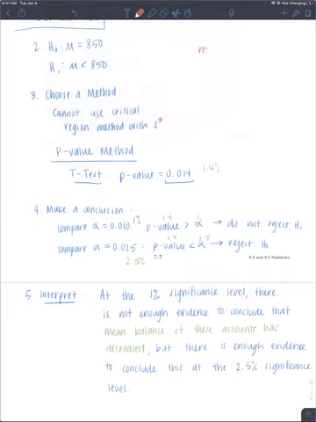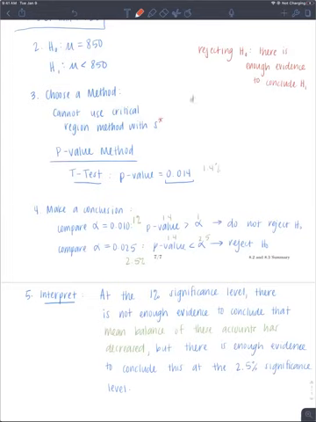Rejecting H naught means you're saying my alternative hypothesis is true. So I'm going to say there is enough evidence to conclude H1, either yes, it's gone up, or no, it's gone down, or something like that.